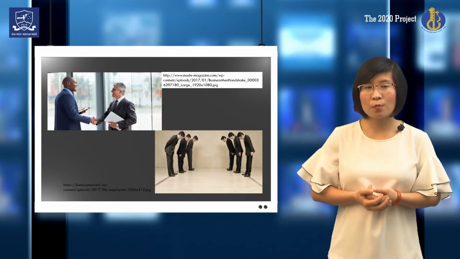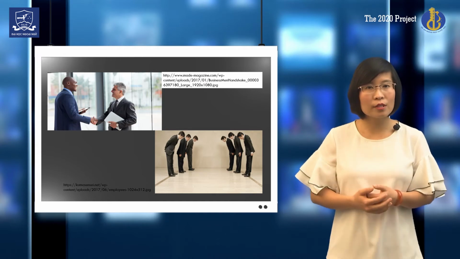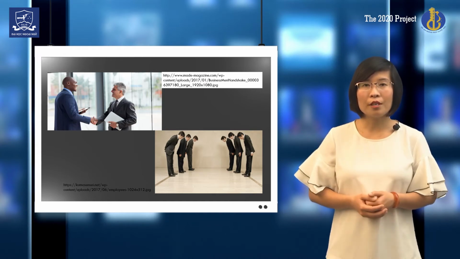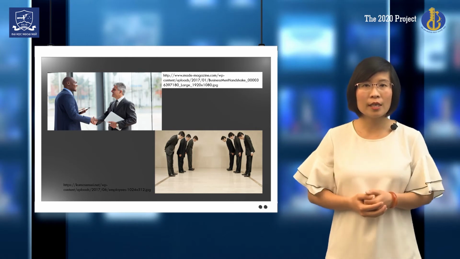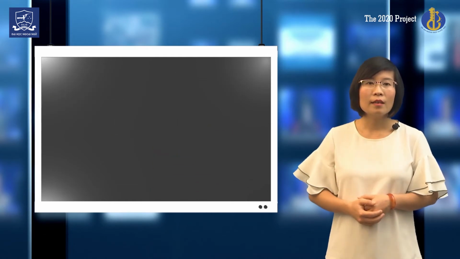While all people use body movements to communicate, how people use and interpret them may vary across cultures. For example, in Japan, the common greeting is to bow to your partner, while in America, the common greeting in business is to shake hands.